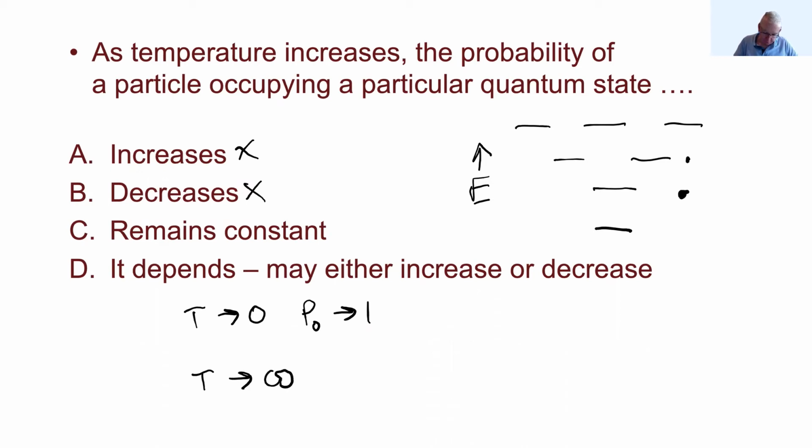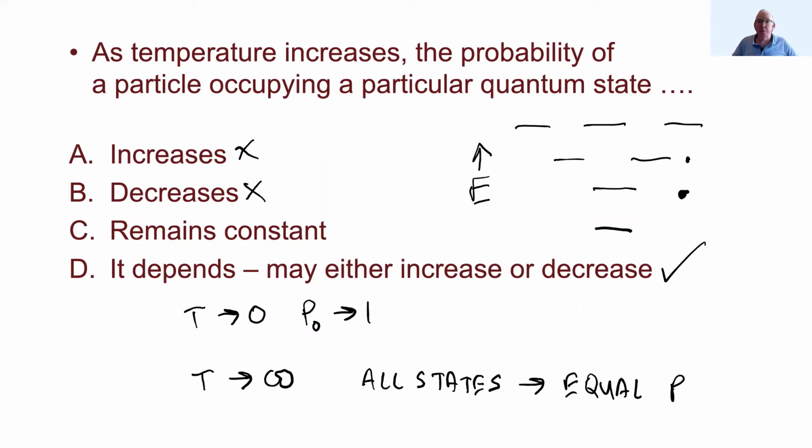If T goes to infinity, then all states have equal probability, and you could prove that by looking at the equations. So between those two limits, some probabilities have to be going down and some going up, and the correct answer to the question is the last one, it depends.